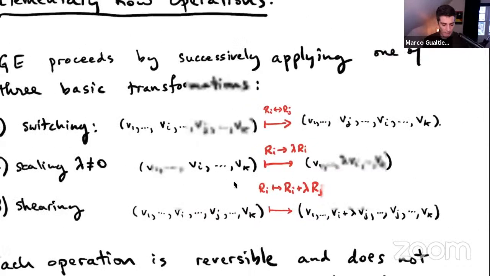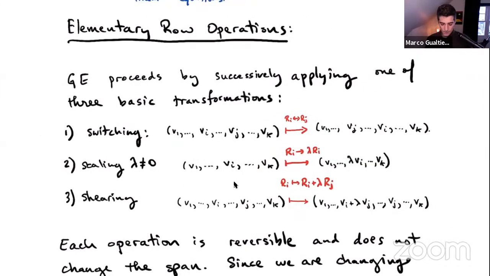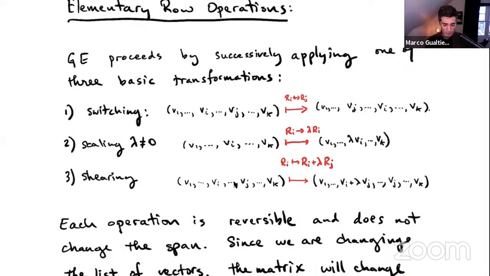So this elementary row operation replaces Ri with what used to be Rj and replaces Rj with what used to be Ri. Of course you can see that doesn't change the span because basically I still have the same vectors.